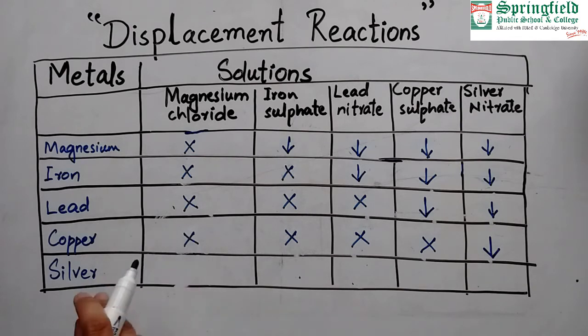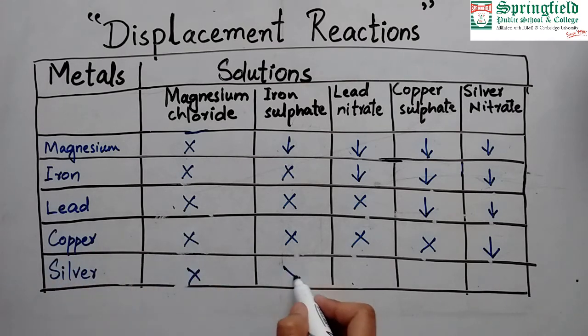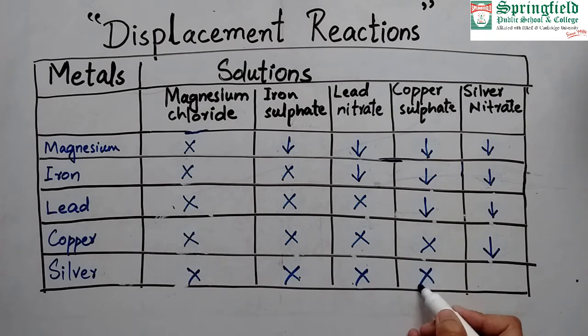There is silver. As you see, it is at the bottom. So can it displace any of the above metals and itself? No, it cannot displace any of these nor itself. So this is how we apply the reactivity series, and we come to know which of the metals is able to displace which of the others.